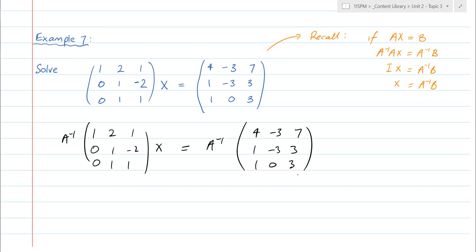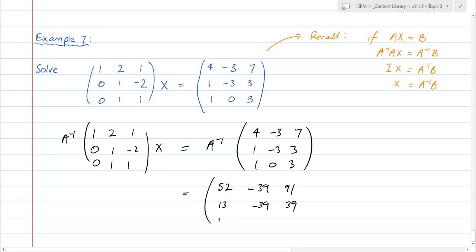And execute that. And it gives me an answer of 52, negative 39, 91, 13, negative 39, 39, 13, 0, 39.